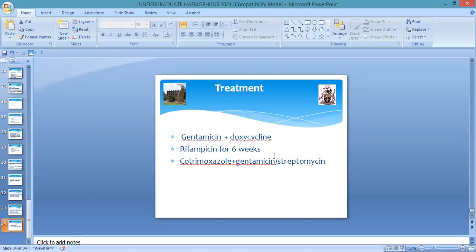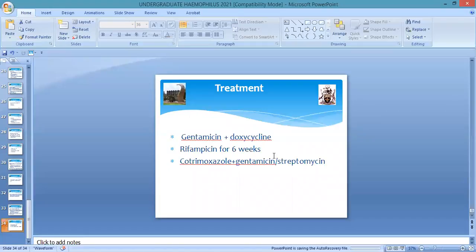So you are asking whether ceftriaxone, because ceftriaxone is a cephalosporin, with the doxycycline, no. So you just give a combination of either gentamicin plus doxycycline.